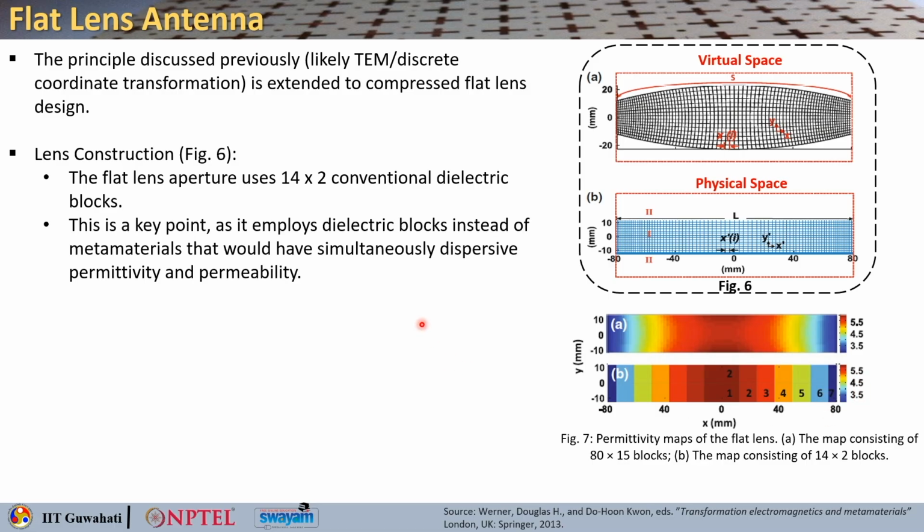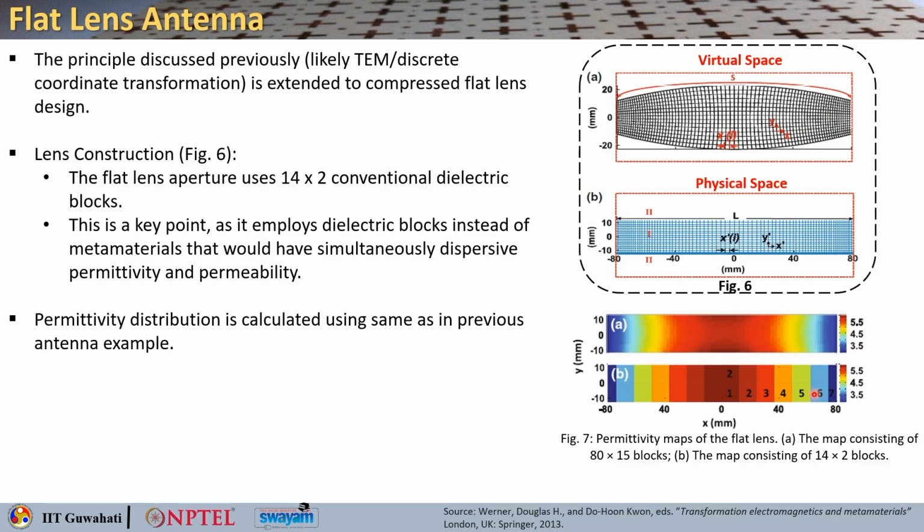Each color stands for a different permittivity value. The point here is that you can make a flat lens aperture using even 14 by 2 conventional dielectric blocks. The key point is that it employs dielectric blocks instead of metamaterials that could have simultaneous dispersive permittivity and permeability.